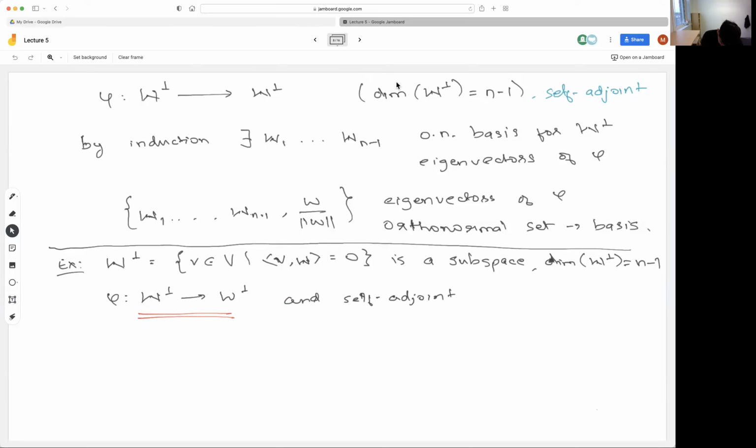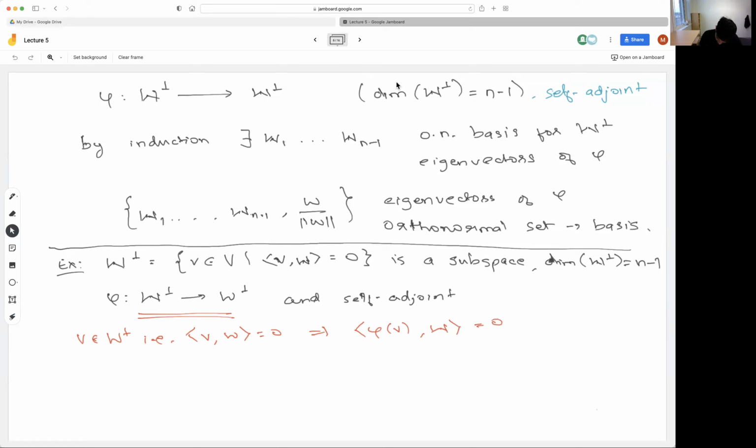And for that, we need to say that if you start with a vector v in W perp, that is, the inner product of v with this vector W was equal to 0, then you still stay in this space after you apply the transformation phi, or the inner product of phi of v with W is still equal to 0.